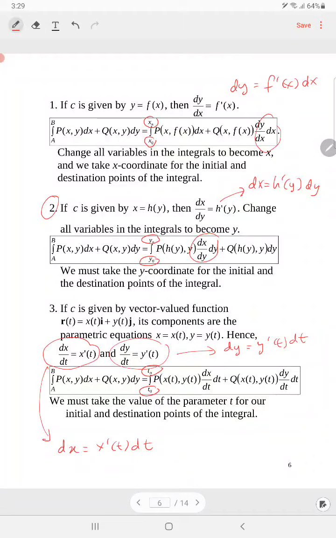So for a line integral of a vector field on a plane, you have three choices: either change everything in terms of x, or change everything in terms of y, or change everything in terms of t, depending on how the equation of your curve C is given.